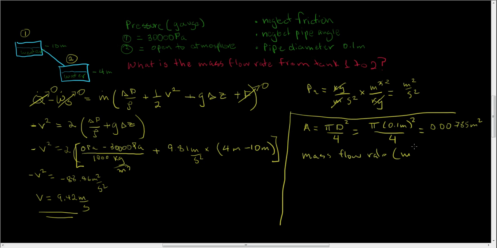Okay, so in order to find the mass flow rate, or m dot, we simply multiply our velocity, which is 9.42 meters per second, times our cross-sectional area, 0.00785 meters squared, and this should give us 0.074 cubic meters per second.